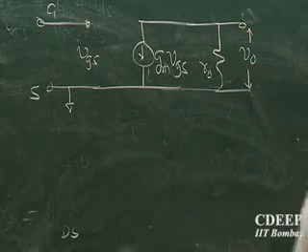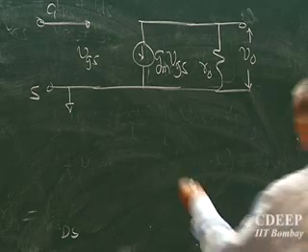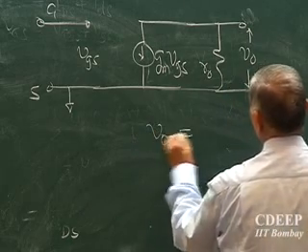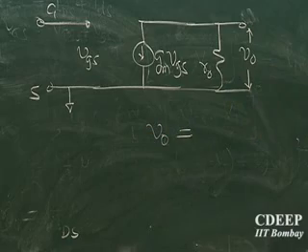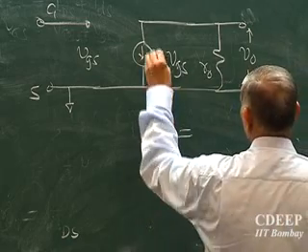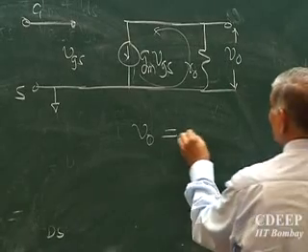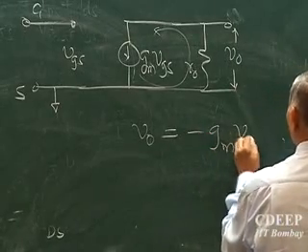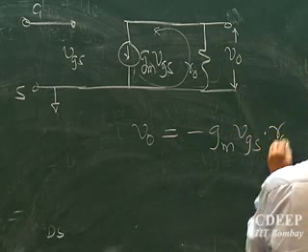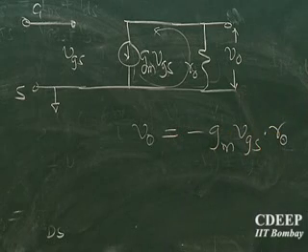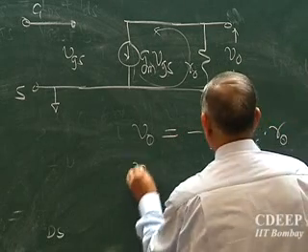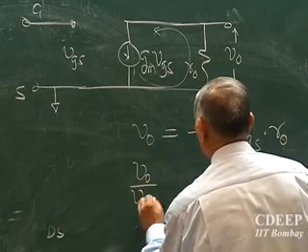So what is V0 now? Give me the expression for V0. It is not that easy, think a little. Minus, that is what it is, GM VGS R0. So V0 by VGS, which is nothing but input.